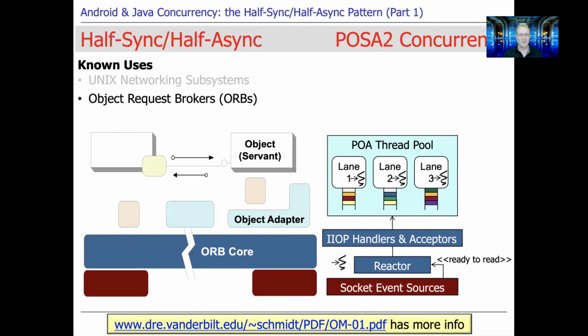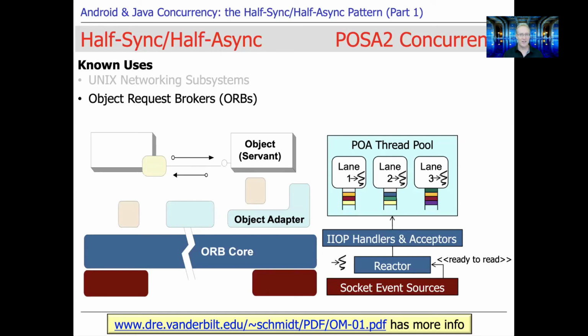This pattern is also widely used in object request brokers, or ORBs, which were a popular technology in the 90s for being able to do distributed object computing. And if you take a look at the link at the bottom of this page, you'll see a description of how we implemented the half-sync, half-async pattern in the context of our CORBA implementation called the ACE ORB, or TAO.